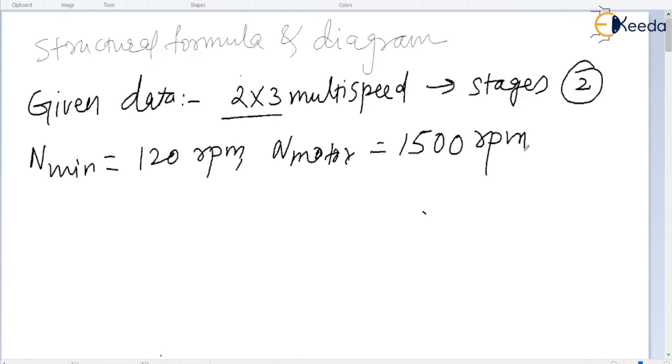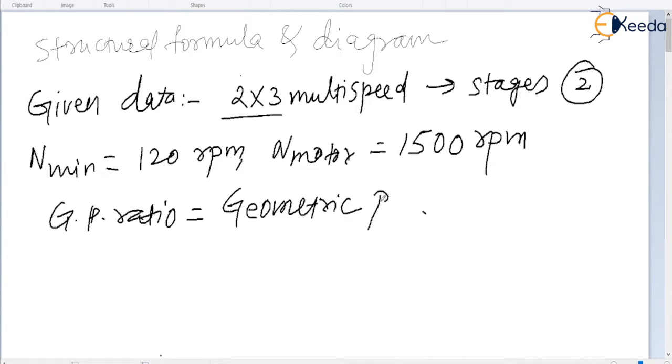And next is the GP ratio, that is geometric progression ratio, which we are going to denote by phi, and it is equal to 1.41.